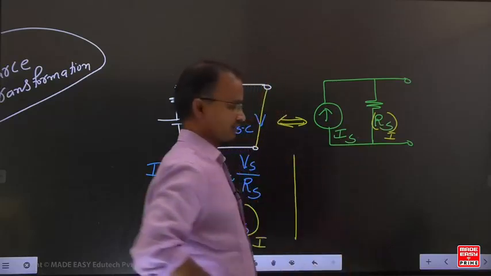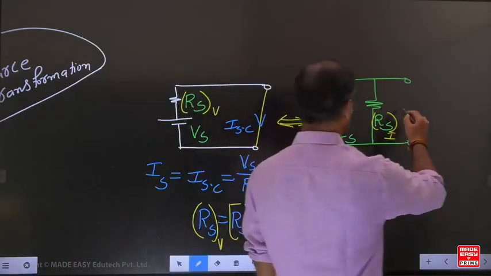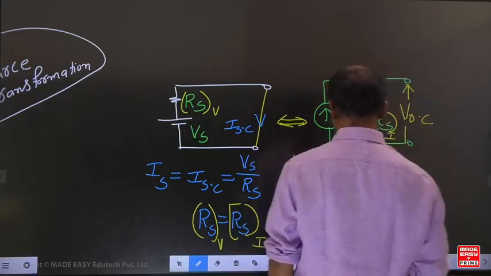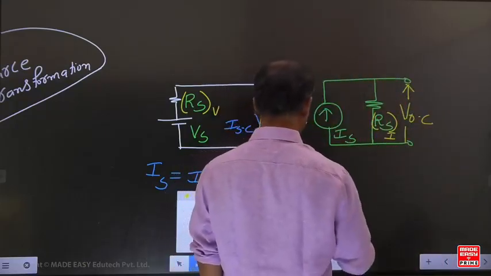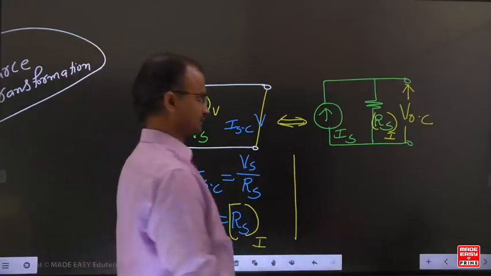By knowing the current source and internal resistance, we can find out the source voltage. To find the source voltage, what we require is the open circuit voltage.